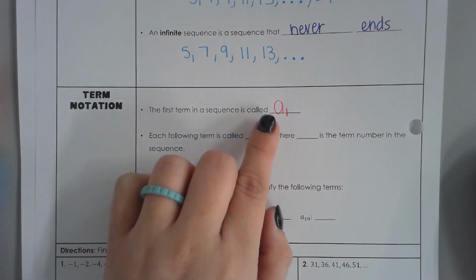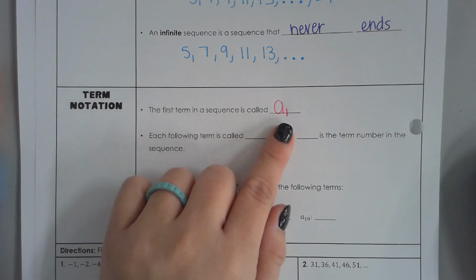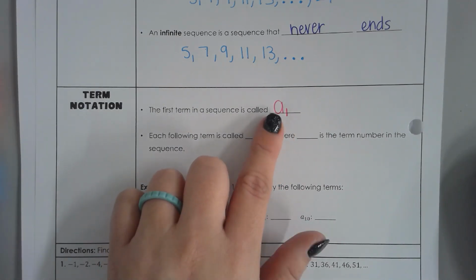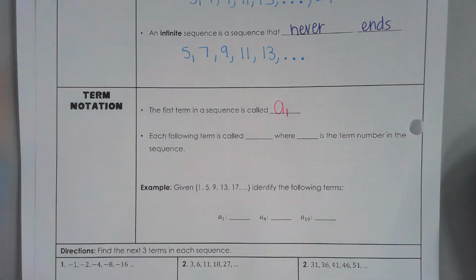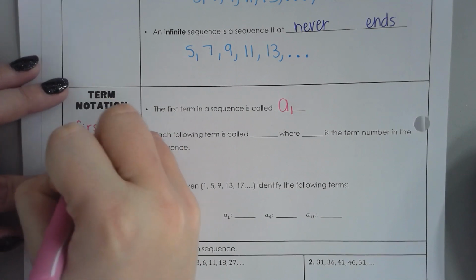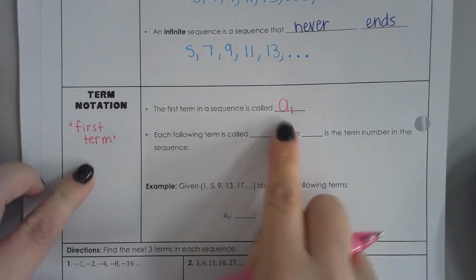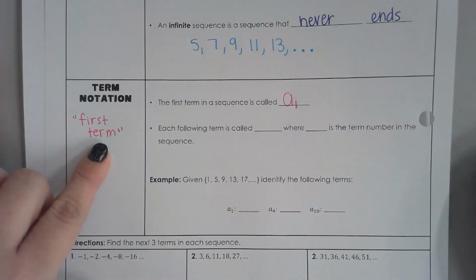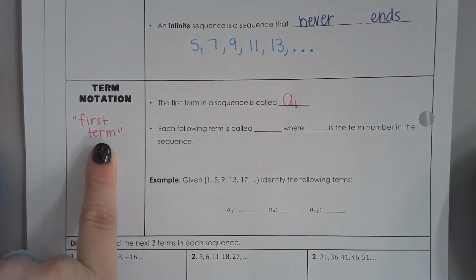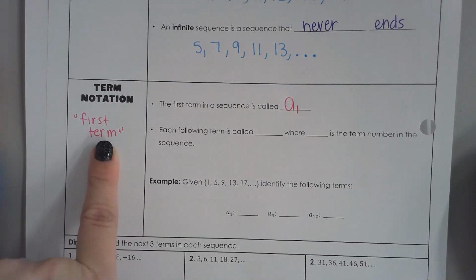Whenever you see a lowercase a with something, that means one of the terms. So a1, instead of writing out first term, I'm just going to say a1. a1 means term 1. a7 means term 7. a50 means the 50th number in your list.